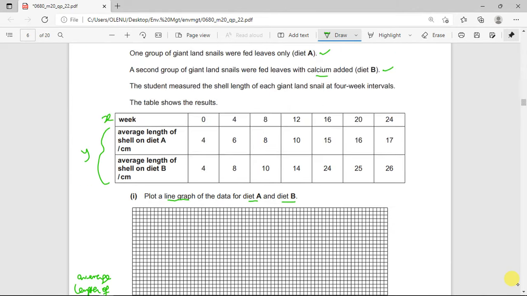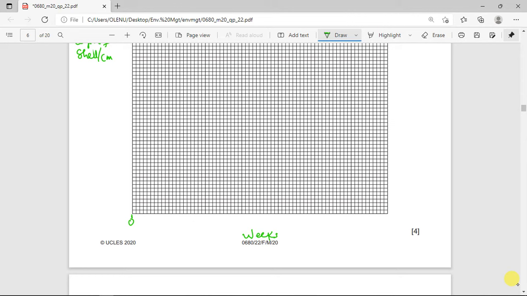So I have 0. If this is the first one, 0. After, I can start to count 1, 2, 3, 4. I can make this 4. I'm looking at 0 to 24.